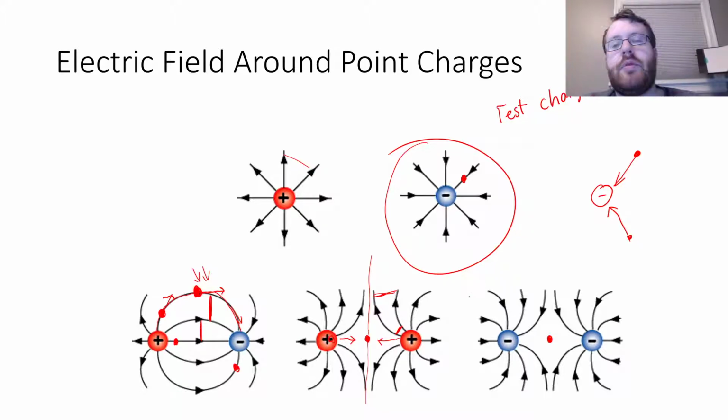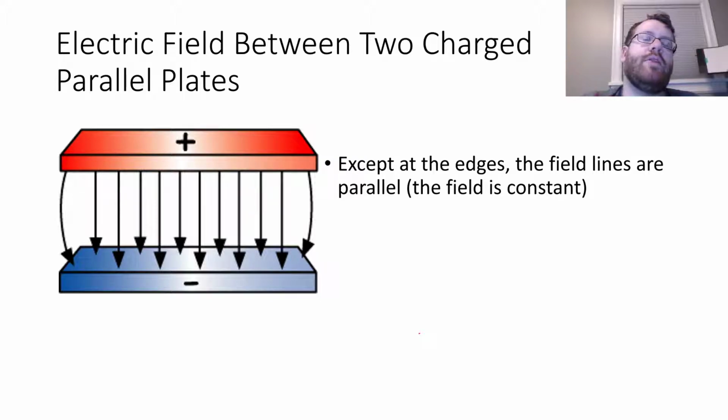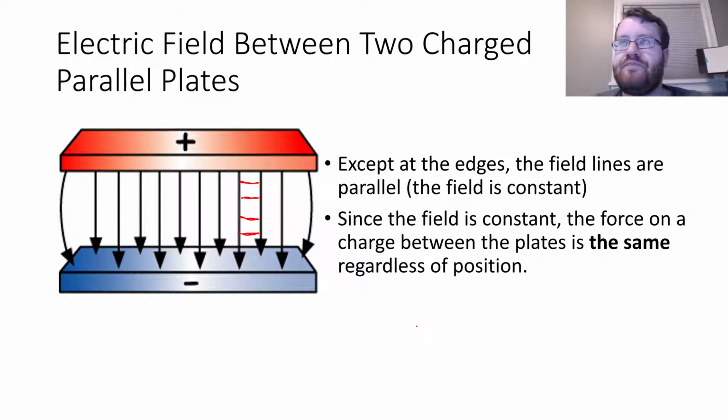Where most of our time is going to be spent is talking about the electric field between two charged plates. And the reason why is because between two charged plates, all of the field lines are parallel with each other. That has some important effects. The main thing being that the distance between them at any given point is the same, which means that the electric field strength at any given point, as long as you're in between the plates, is the same.